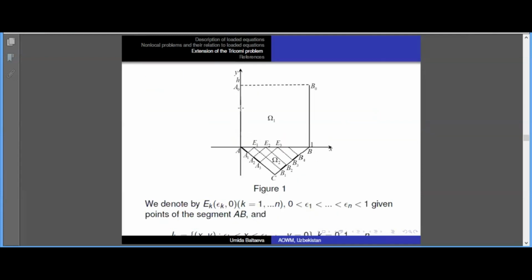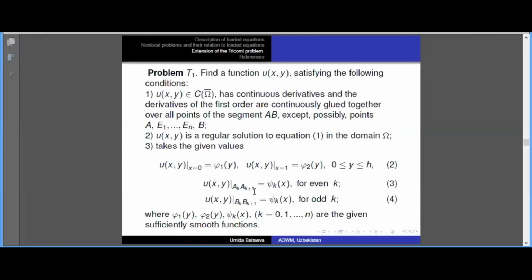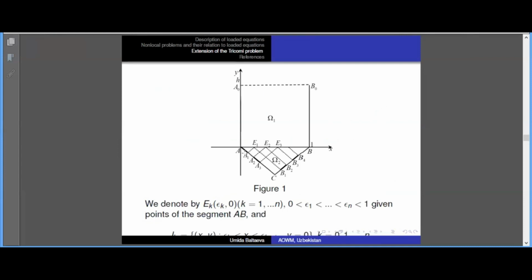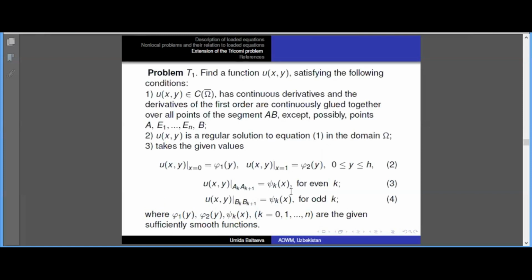Our conditions are given on this line u and this line and u, and also for even k it is given on this part of the domain E1, E2, E3, and for odd k on the parallel here B1, B2, B3, B4, and other conditions are given at B3 and B4.